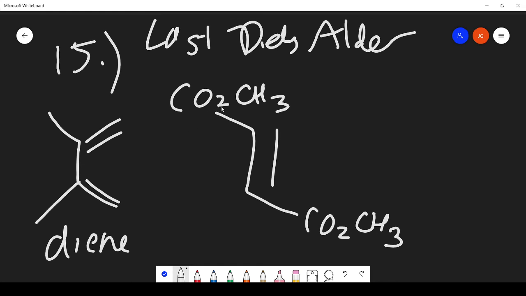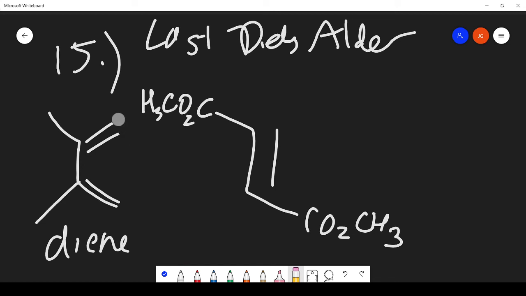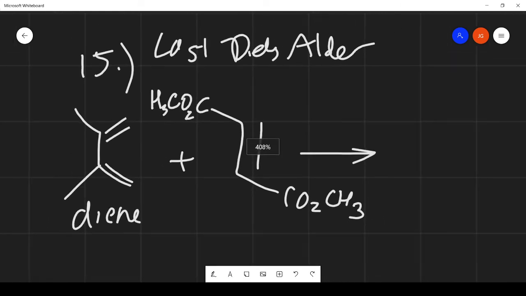And so, actually, the way I wrote this is a little bit confusing, so let me rewrite it. So you know that this is CO2CH3, and these are distinct compounds. Okay, it's just a really long formula.